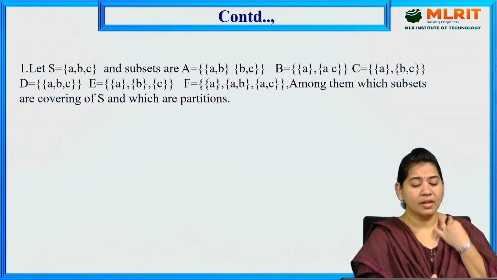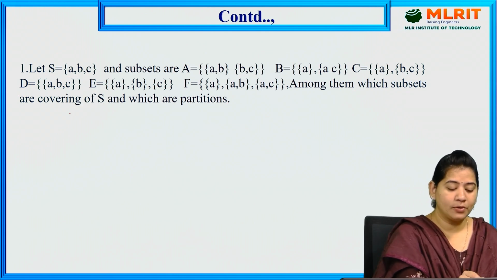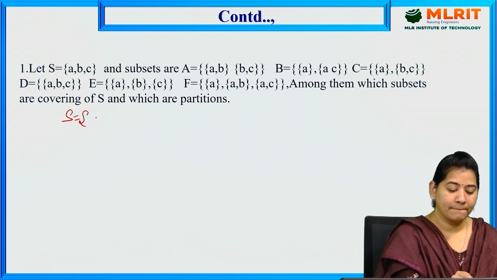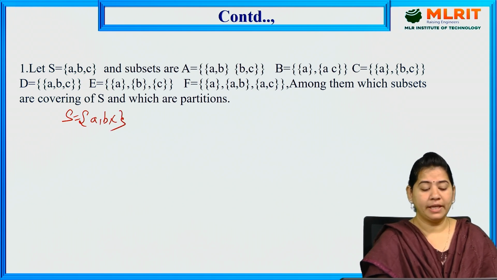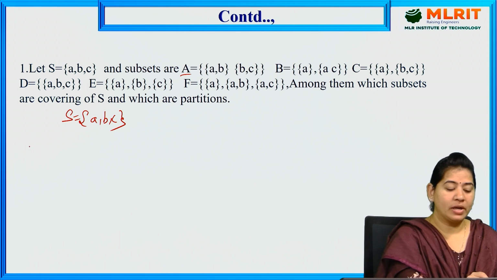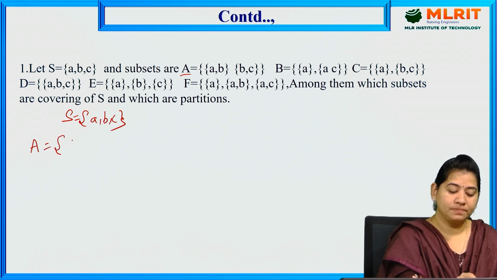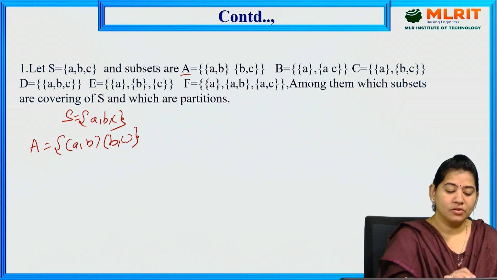So the given one is S is equal to {A, B, C}. Now here, for the first one, A comma B and B comma C, let us consider this is A1 and this is A2.